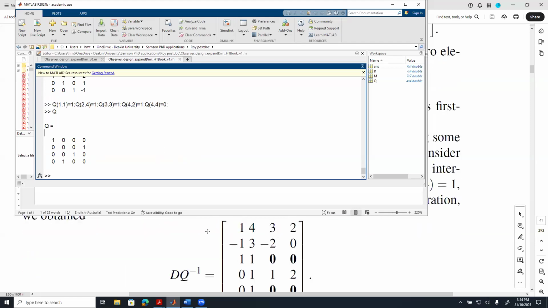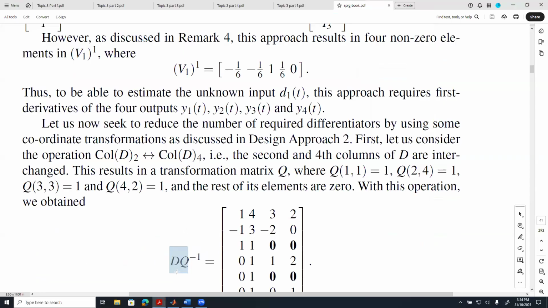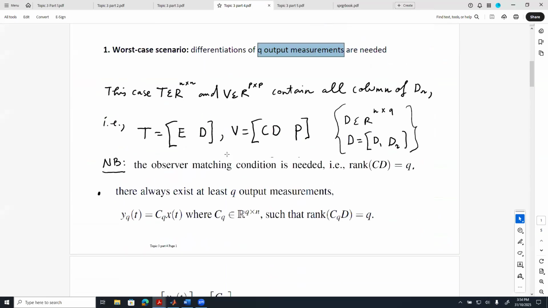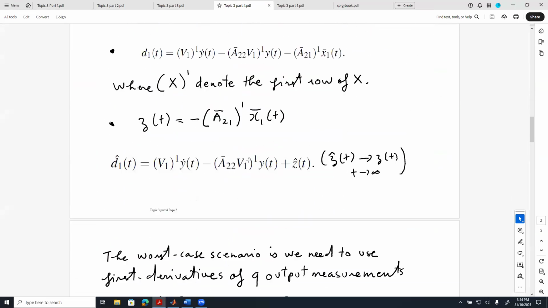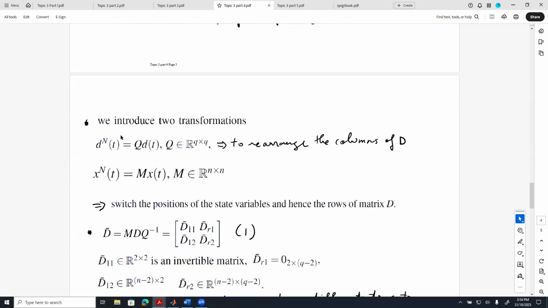And so if we do that operation, we have D times inverse of Q. Now, why inverse of Q? The answer for that is, let's have a look at this operation. When we say the new vector rearranged, the old vector is actually the inverse of Q times this new arrangement.